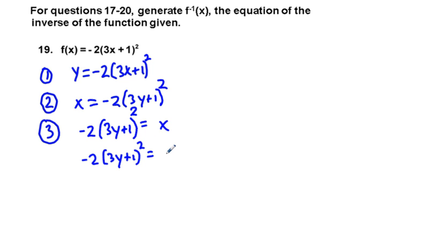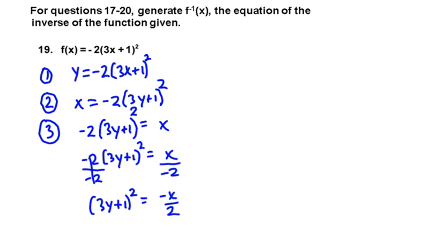To get rid of this squared, I'm going to take the square root of both sides, but before that, I'm going to divide by negative 2. So we have quantity 3y plus 1 squared equals negative x over 2.